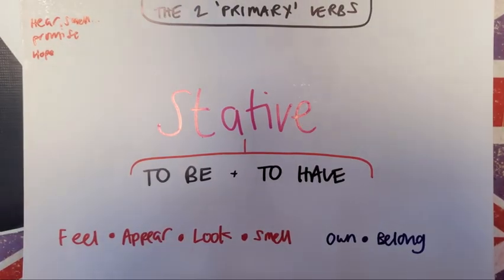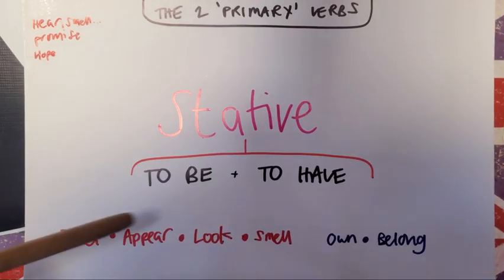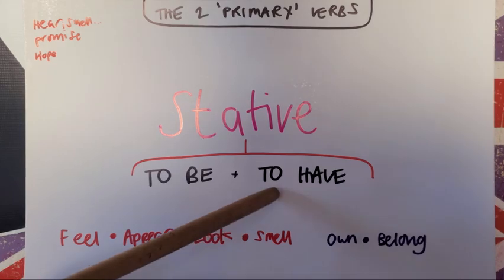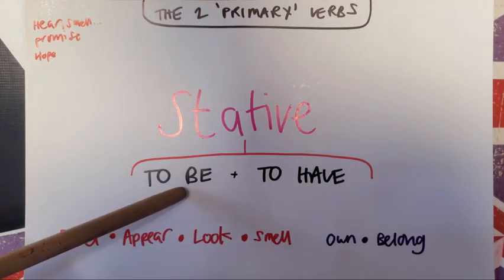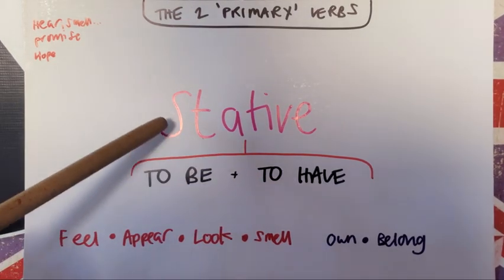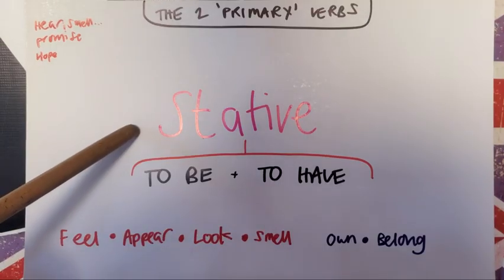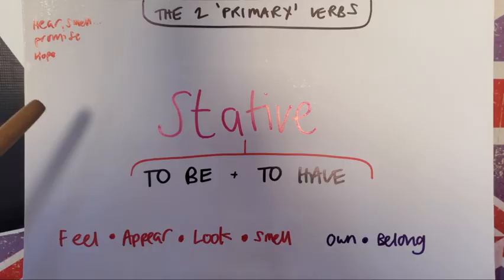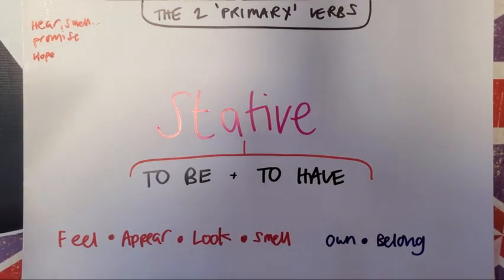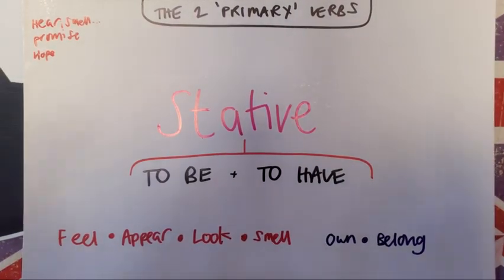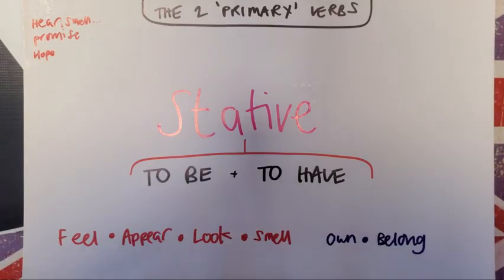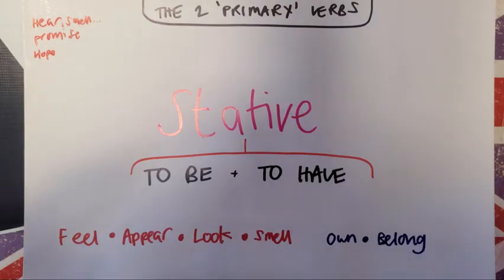So we're going to start by looking at the Spanish verbs to be and to have. These two are actually called stative verbs, but you will understand that it's difficult to express an idea or much without the verb to be or the verb to have.